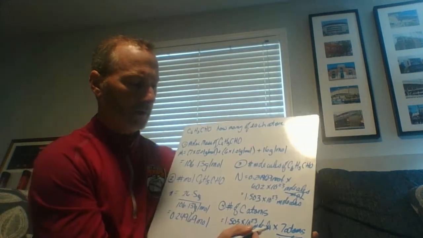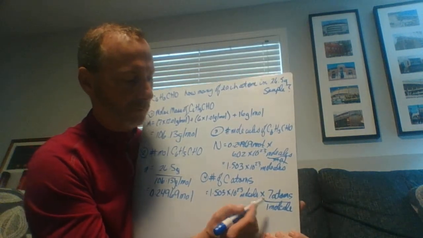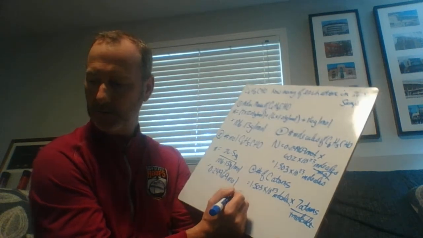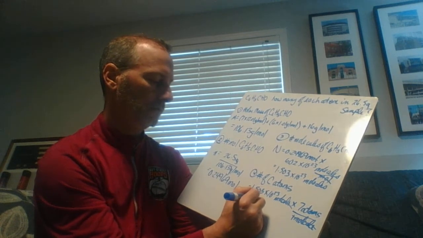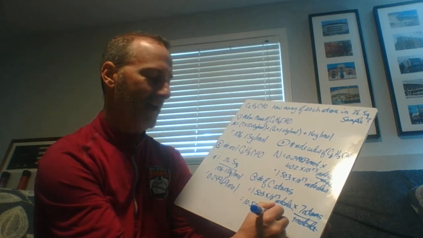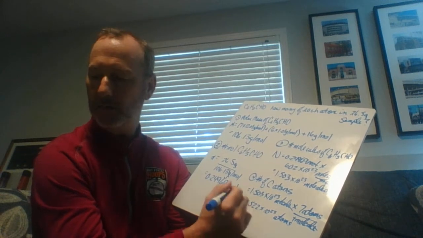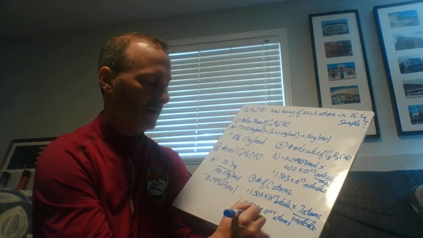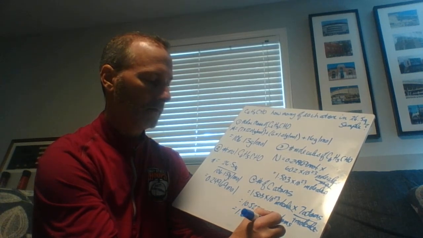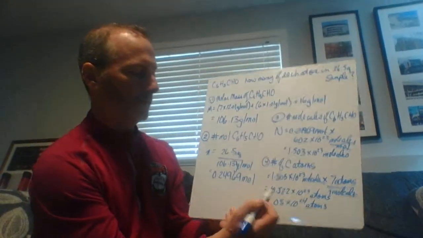I'm going to multiply that number times 7 atoms for every 1 molecule, which is going to cancel this guy for me. And when I multiply that out, it's going to be 10.522 times 10 to the 23rd. And now it's atoms I'm left with, which in scientific notation now I got to round it, 1.05 times 10 to the 24th atoms.